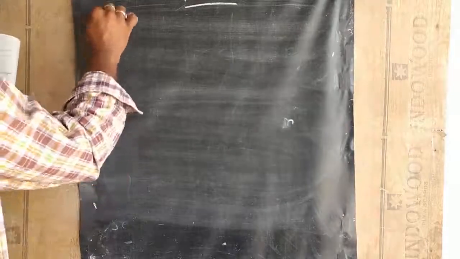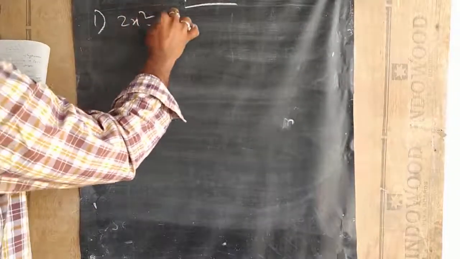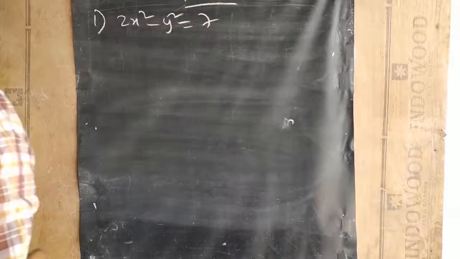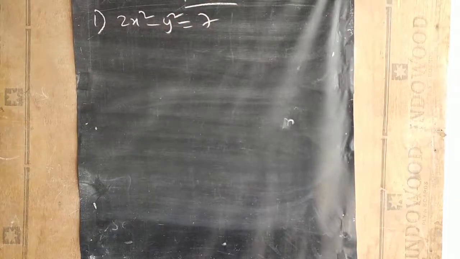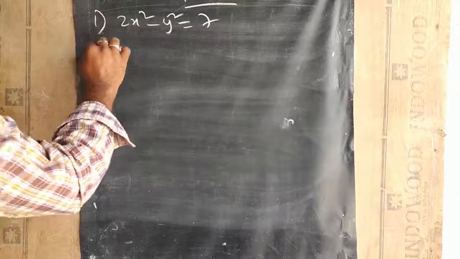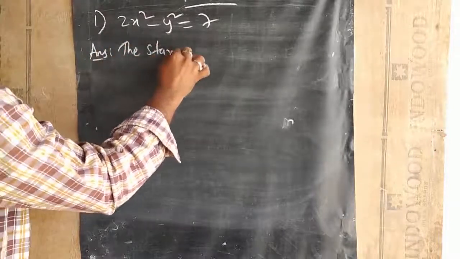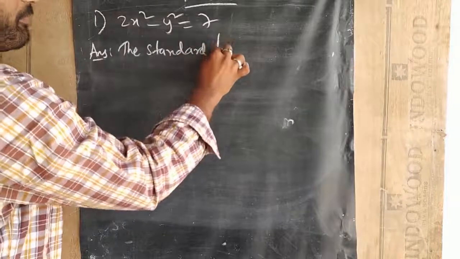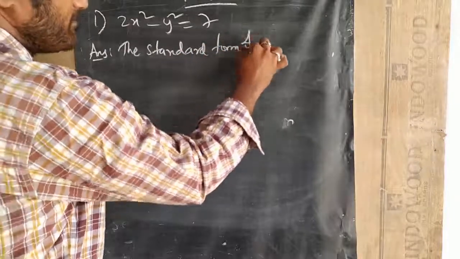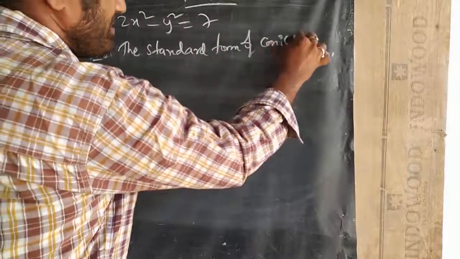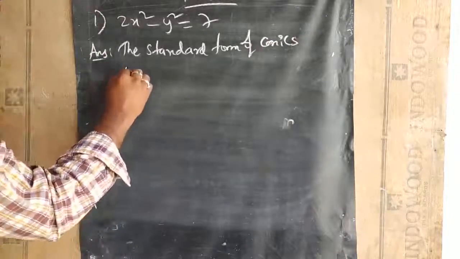So first question, 2x square minus y square is equal to 7. So the standard form of conics. What is the standard form?